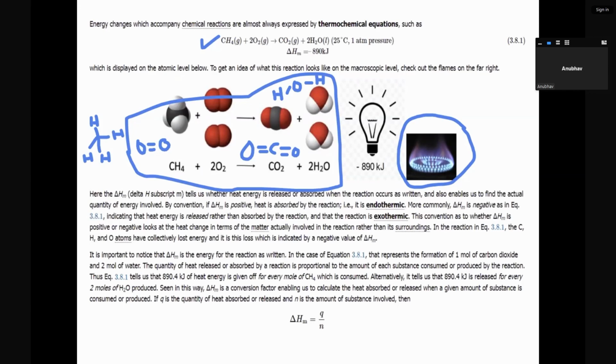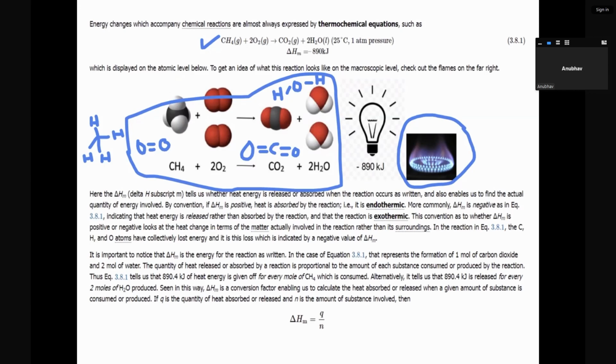It is important to note that delta Hm is the energy for the reaction as written in the equation CH4 plus 2O2 to CO2 plus 2H2O. Q is the amount of heat absorbed or released, and N is the amount of substance involved. It is delta Hm equals Q by N. So 890.4 kilojoule of energy is released for every 2 moles of water produced.